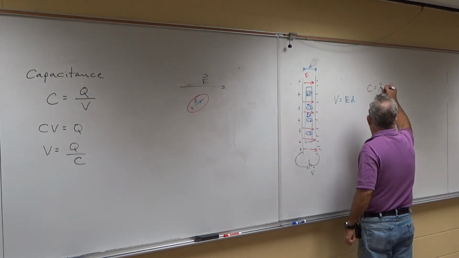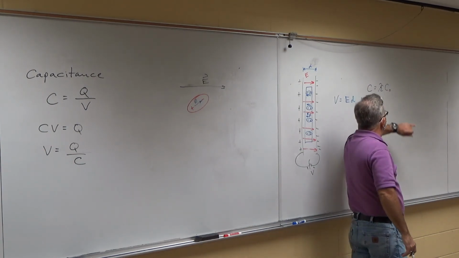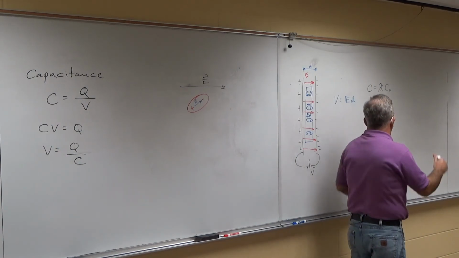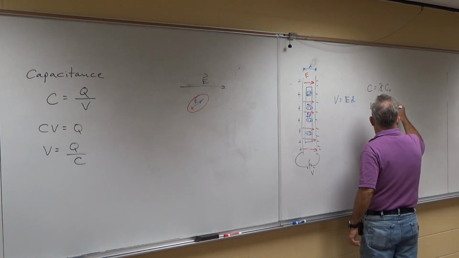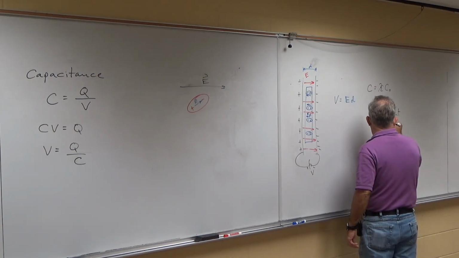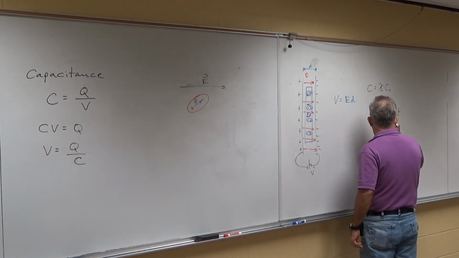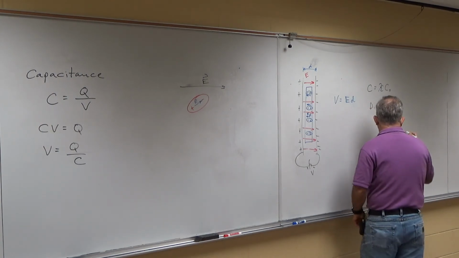C is equal to kappa C naught. C naught is the original capacitance, and kappa is called the dielectric constant. It's that funny looking Greek K. Kappa is greater than 1.